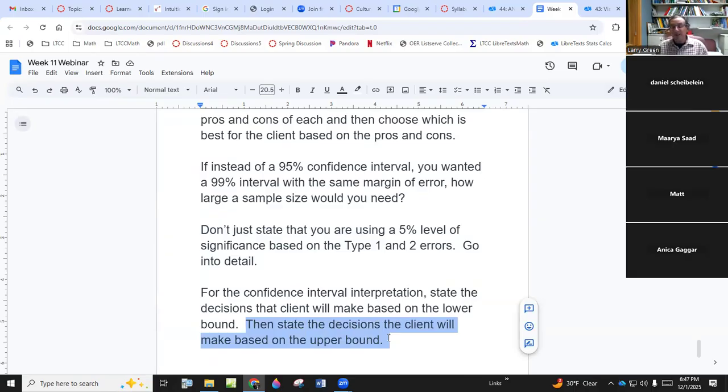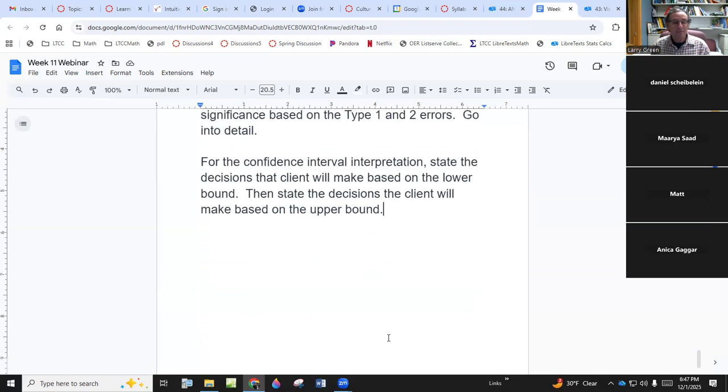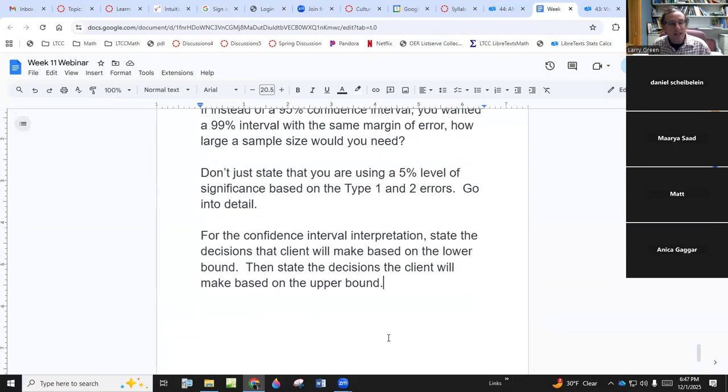So that's really important. It's all about the decisions the client is going to make. Those are the biggest mistakes people make, things they leave out or write wrong, so it's really important that you get this part right.